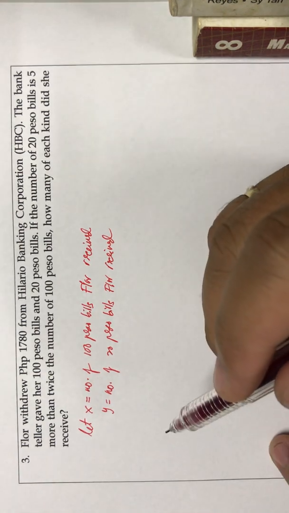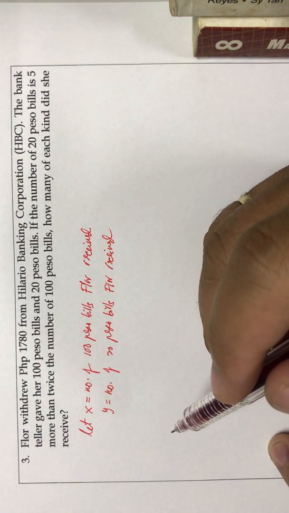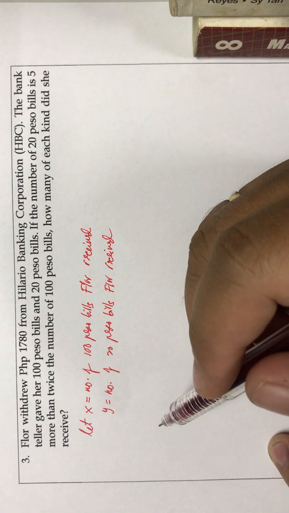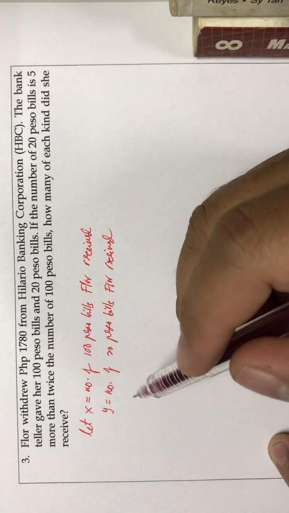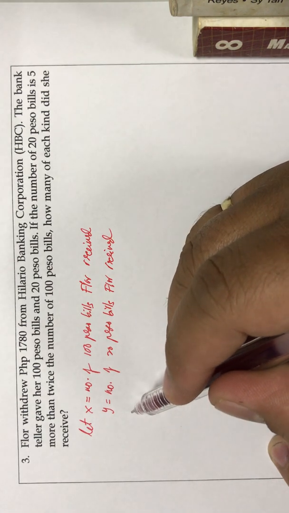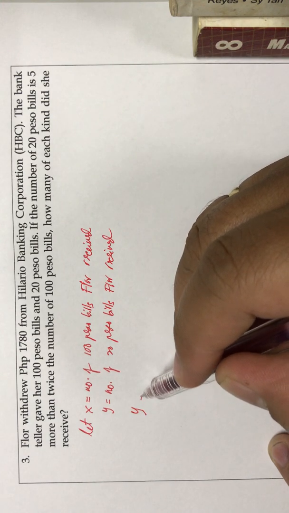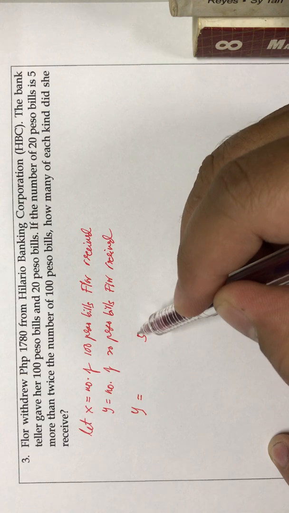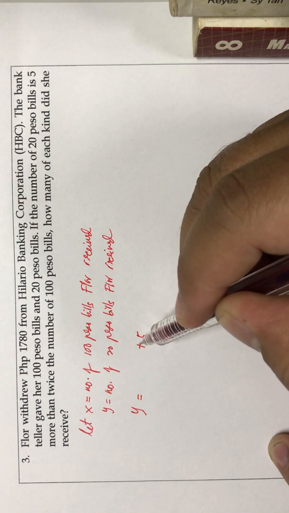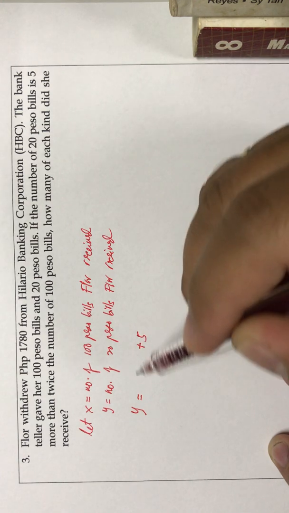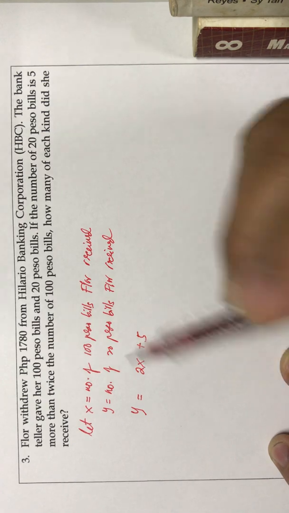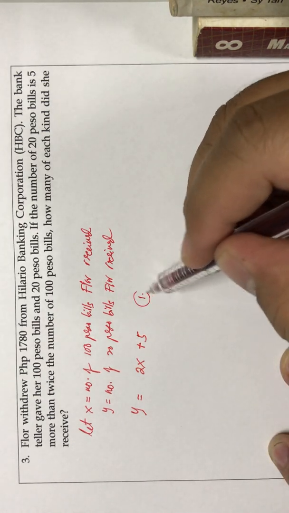Okay. It says here, the number of 20 peso bills, which is represented by y, is, so "is" means equal sign, 5 more than twice the number of 100 peso bills, which is 2x. That's y = 2x + 5. Equation number 1.